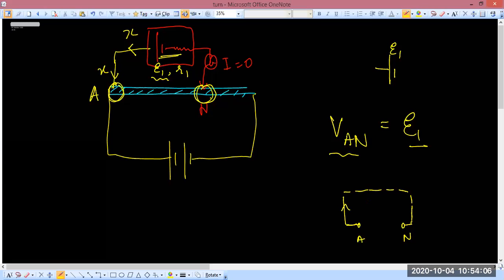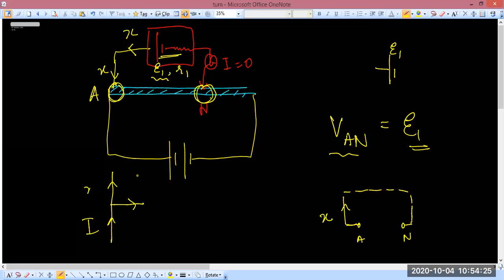Because the loop is the same and the EMF is the same, this part will try to give a current X like this. I hope you understand that. So actually the current splits in this manner.